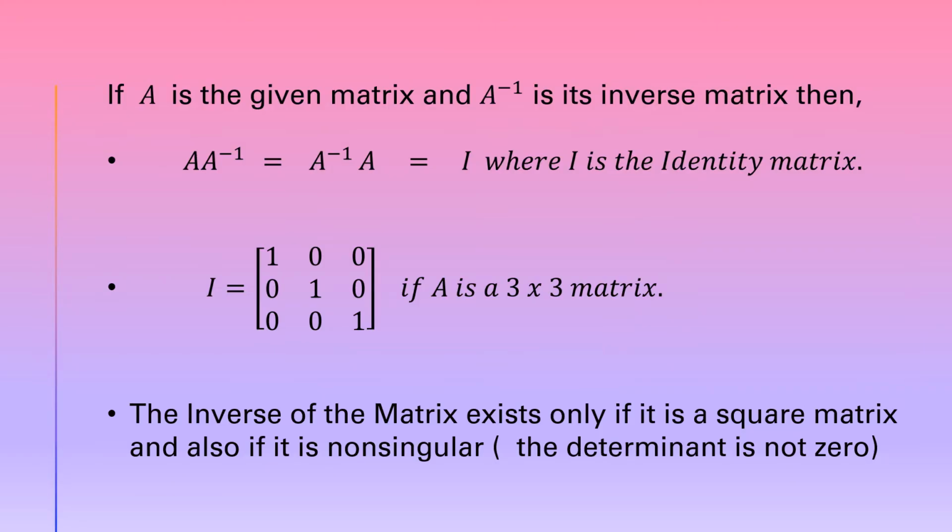If A is a given matrix, then the inverse of that matrix is denoted by A inverse. And if A inverse is an inverse matrix, then the product A A inverse or A inverse A must be the identity matrix I. The identity matrix is a matrix with the leading diagonal equal to 1.